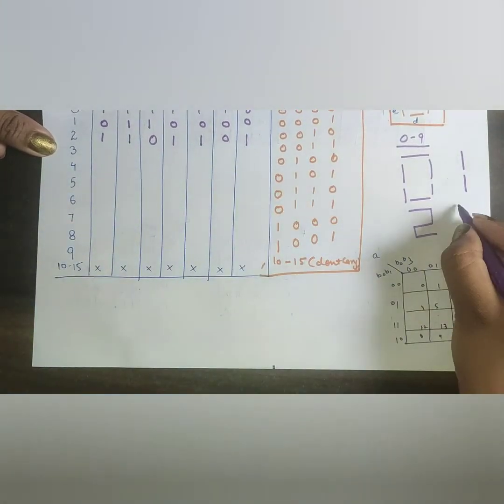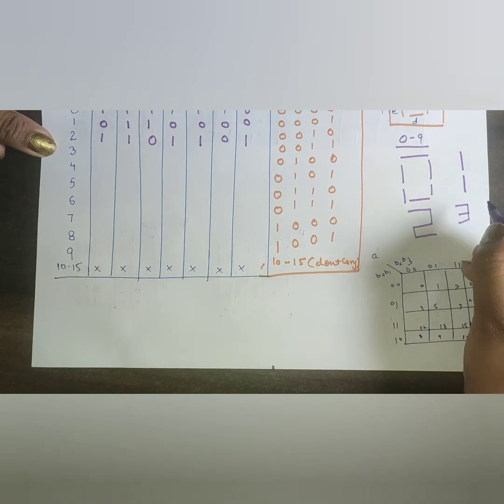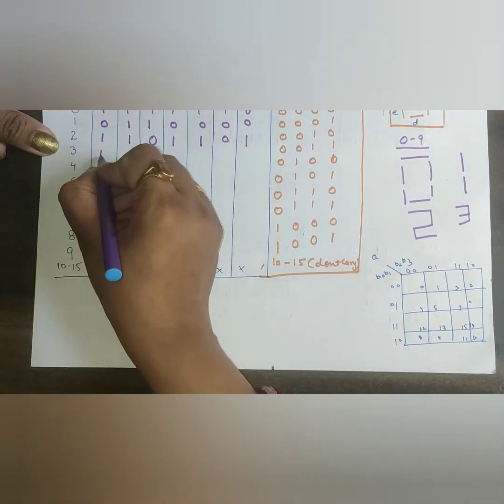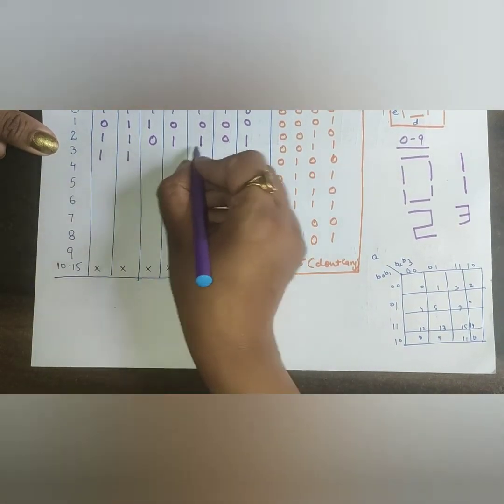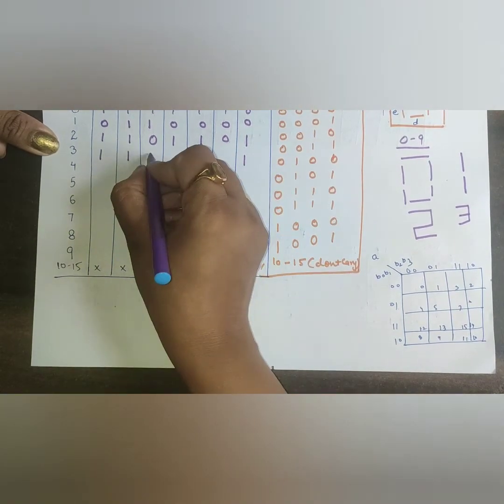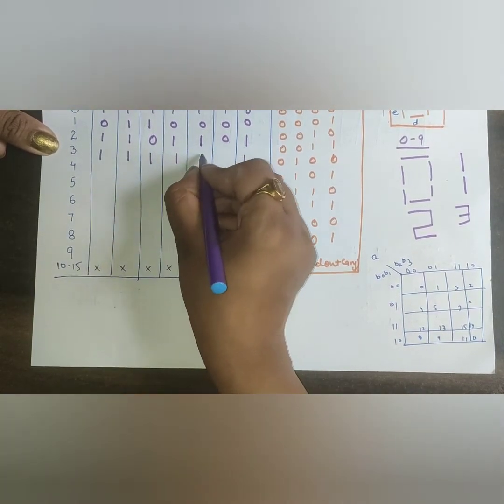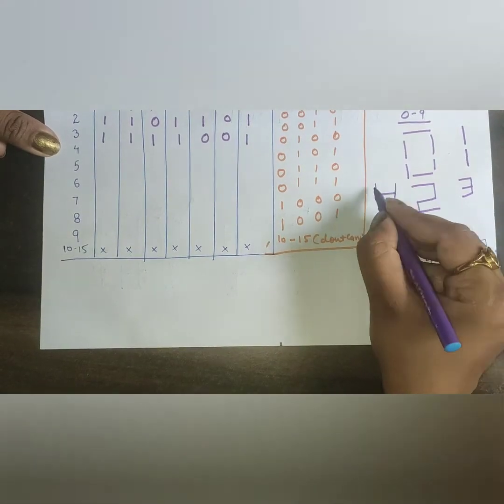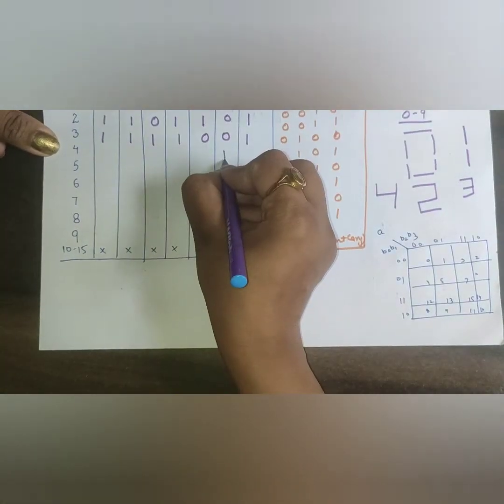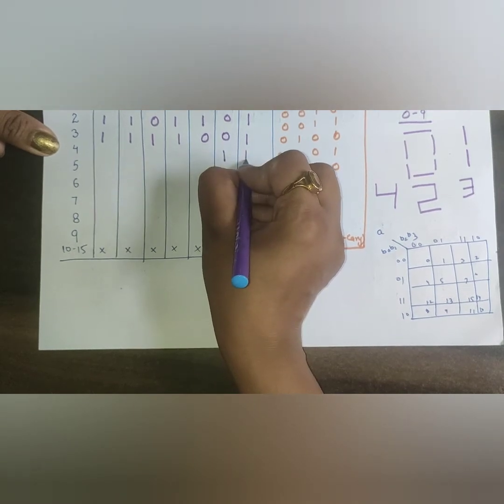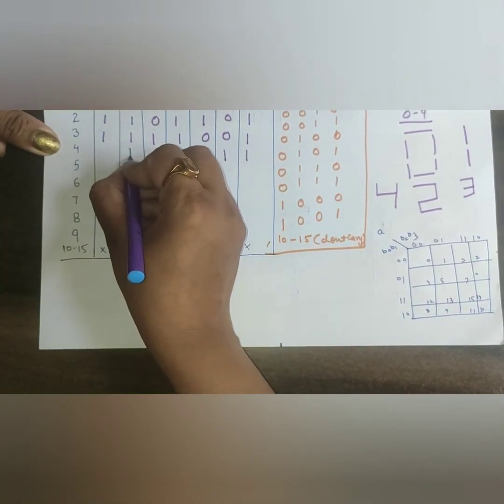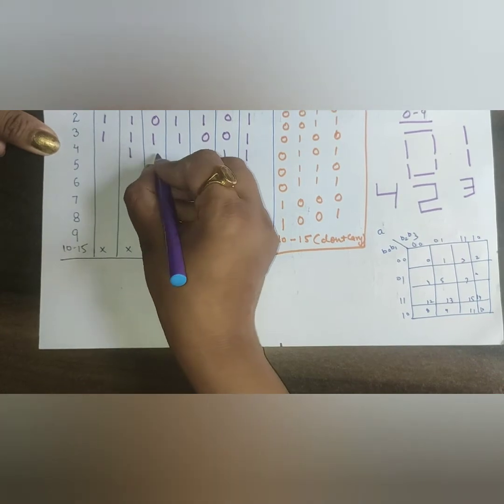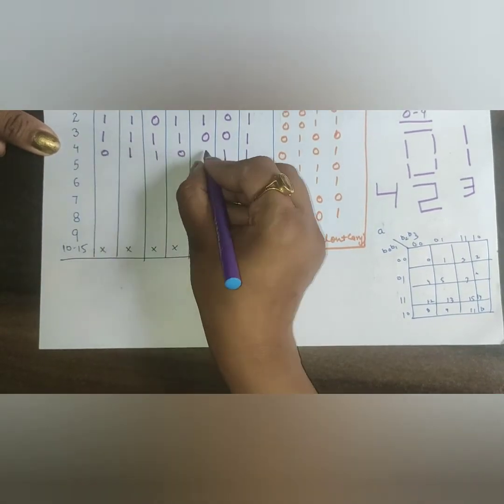Now 3 will be like this: A 1, B 1, G 1, C 1 and D 1, and the others are 0. Now 4 will be like this: F 1, G 1, B 1 and C 1, and the others are 0.